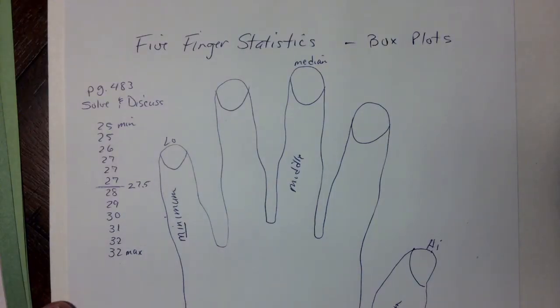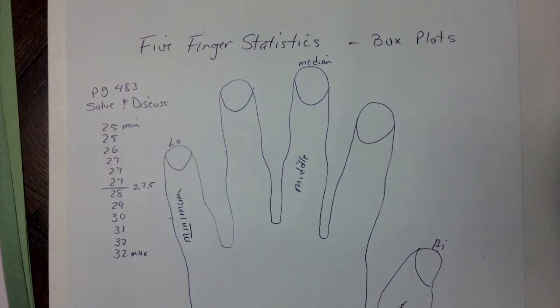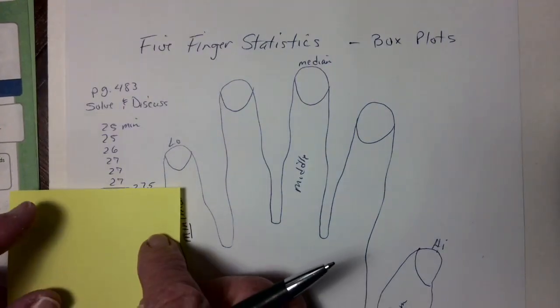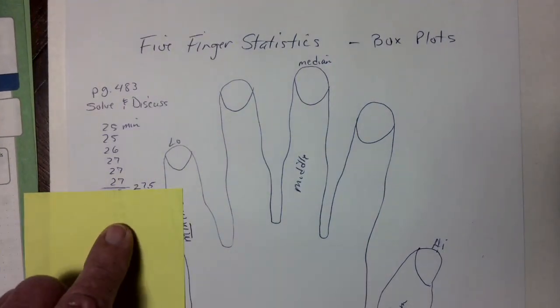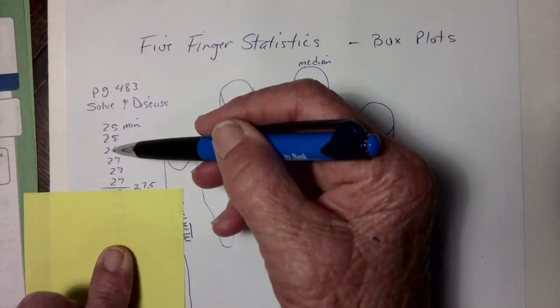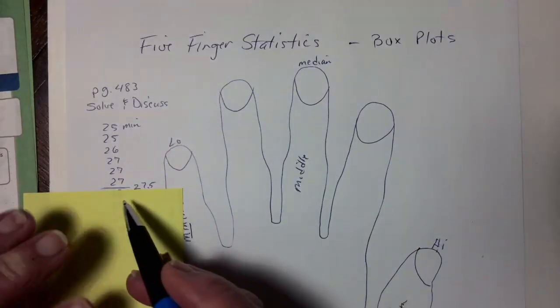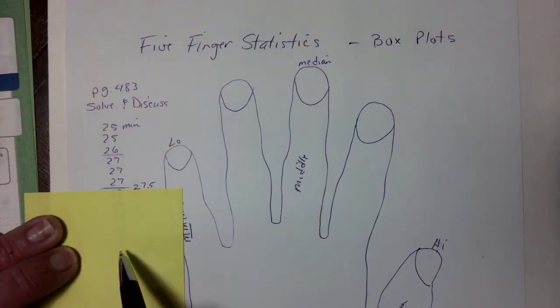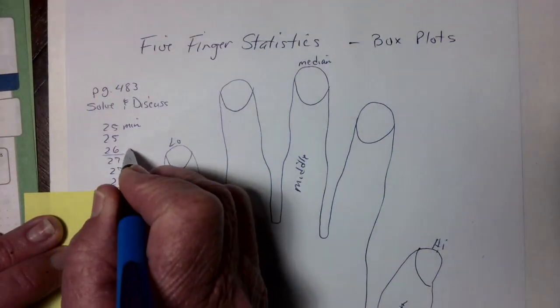Now we're going to take the bottom set of data and find the median again. So we're going to cover up the top half. Now we have 1, 2, 3, 4, 5, 6. So halfway between those 3 and those 3 is going to be called Q1.